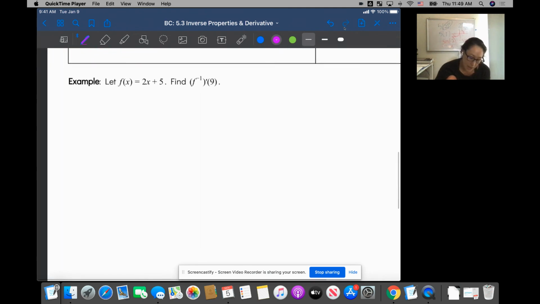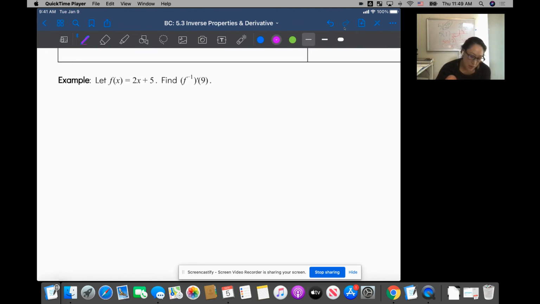So let's let f of x equal 2x plus 5, and we want to find the derivative of f inverse of 9. So f inverse prime of 9.